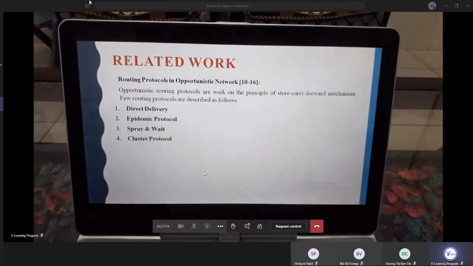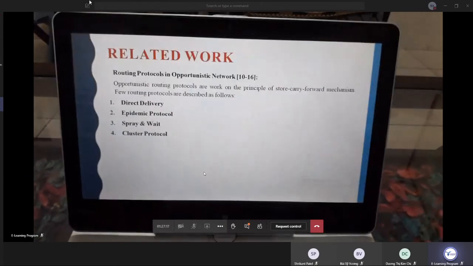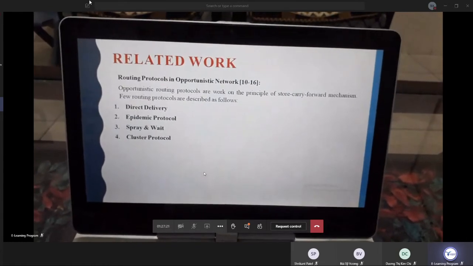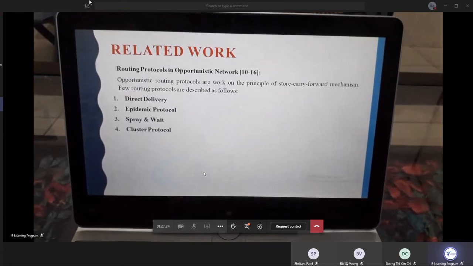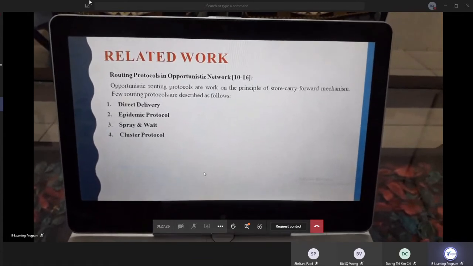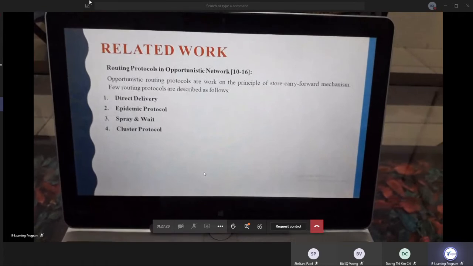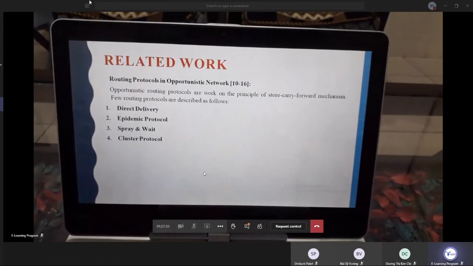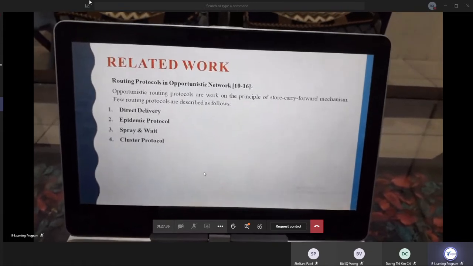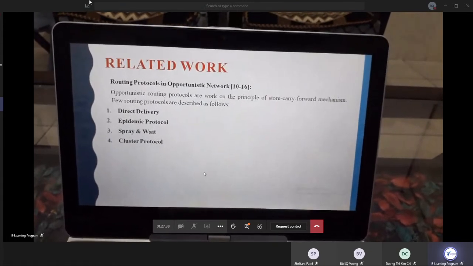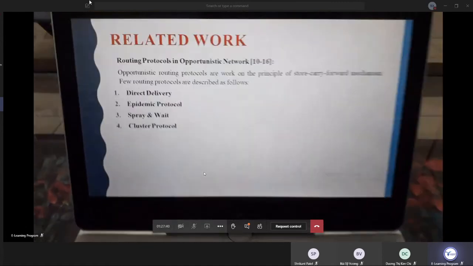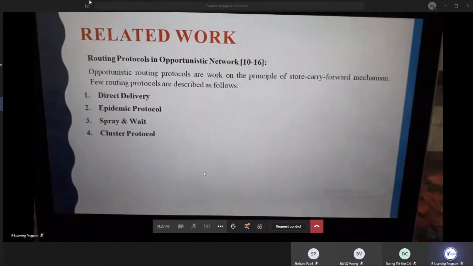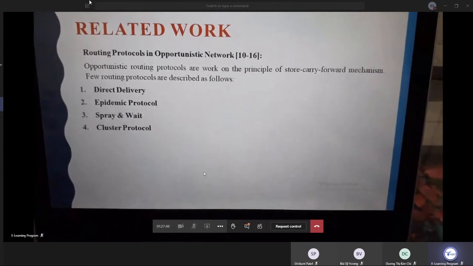Epidemic protocol was introduced in 2000. This protocol broadcasts the packet to all its neighboring nodes. Whenever a mobile node receives the packet, it is disseminated until the destination mobile node receives the packet or the packet reaches its highest number of hops.